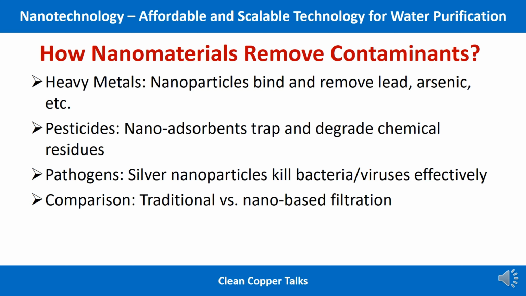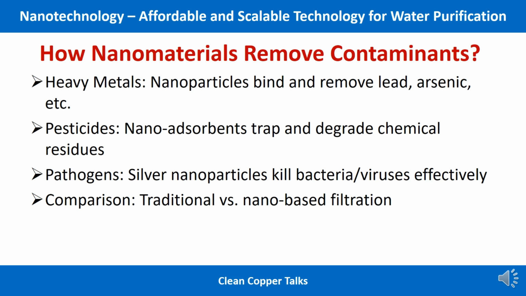Therefore, their removal is very important, and nanomaterials do it by two processes. First is the direct process which a nanomaterial offers, which is adsorption. Nanomaterials offer a huge surface area which can be used to adsorb such contaminants on its surface.